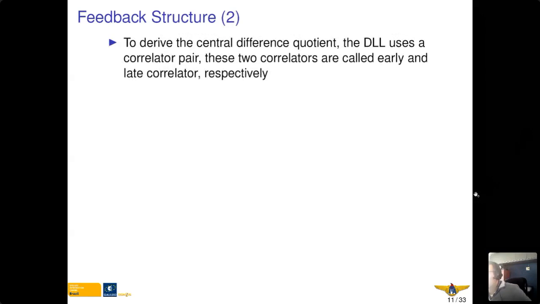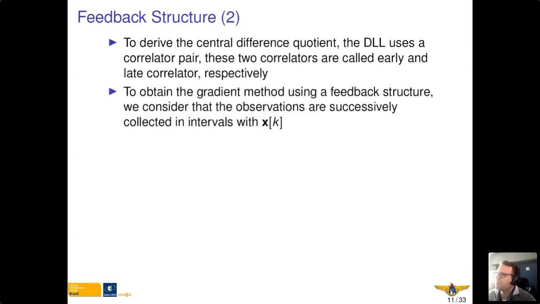To derive the central difference quotient, the DLL has a correlator pair. These two correlators are called early and late, respectively. To obtain the gradient method using a feedback structure, we consider that the observations are successively collected in intervals with x of k.